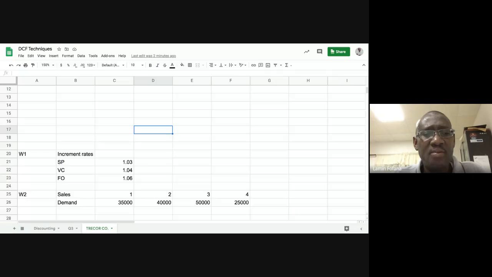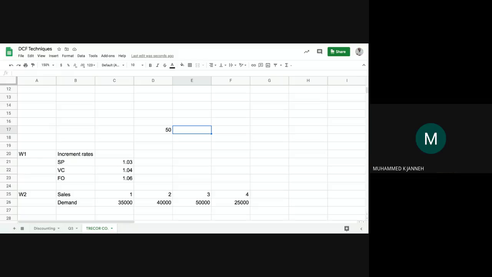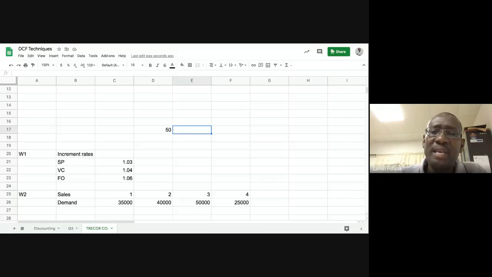Let's say a selling price of 50 is the selling price. And let's say it's supposed to go up by 7% from the previous year. So what are you going to do? Are you going to multiply this 50 by 7% plus 50? Whatever you have plus 50.